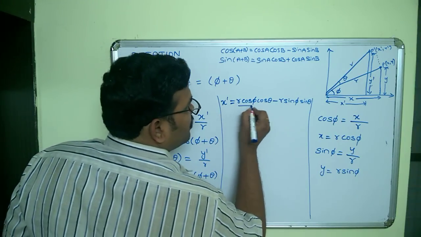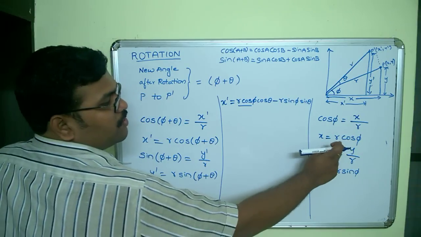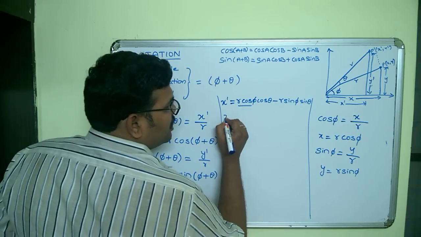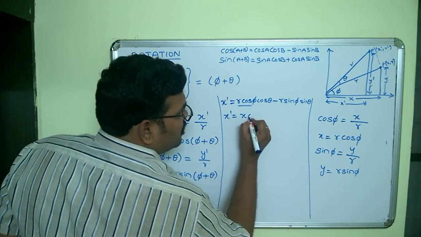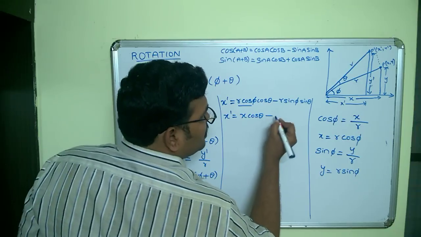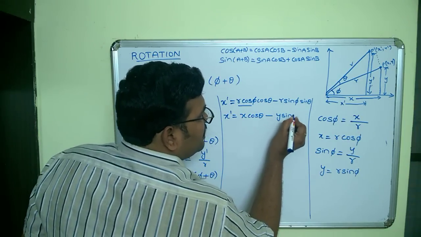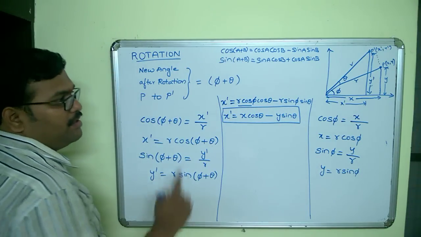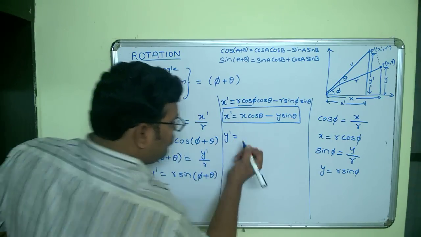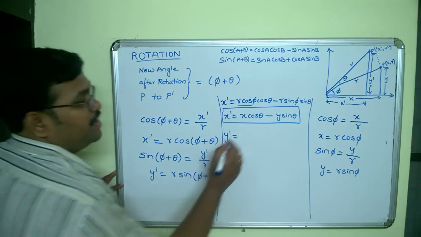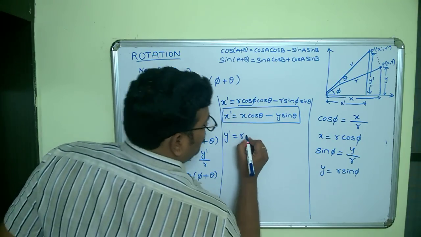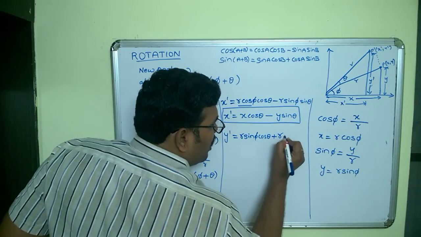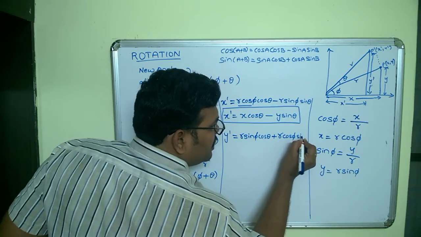From these equations we know that r cos phi is x and r sin phi is y, so it can be substituted here. So x cos theta minus y sin theta. This is the formula to find x dash. Similarly, y dash is equal to r sin (a plus b), that means r sin phi cos theta plus r cos phi sin theta.